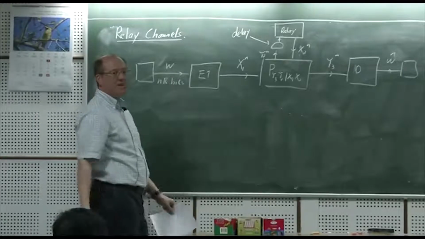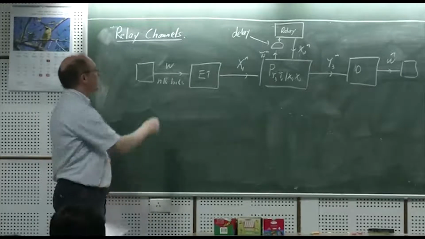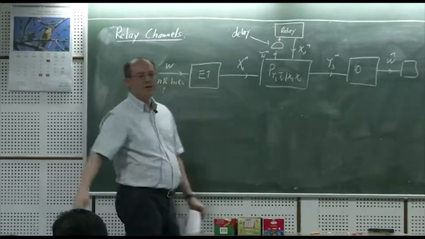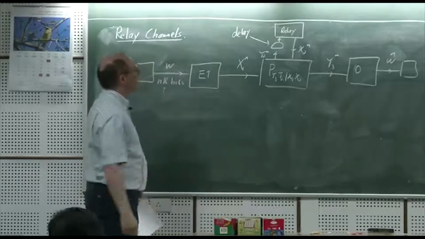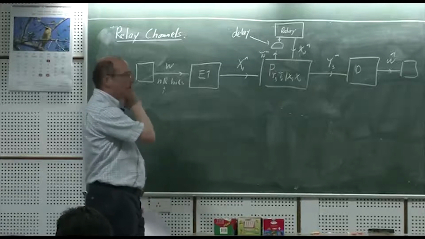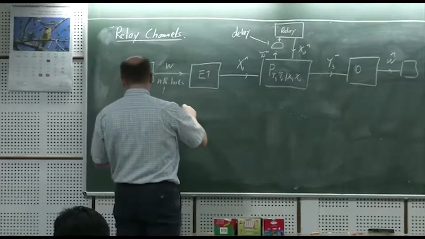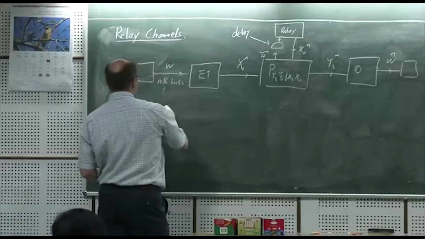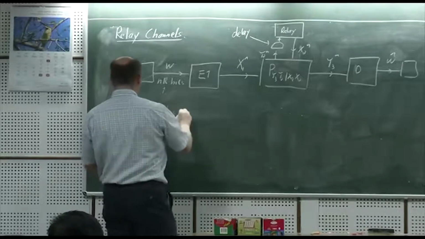The problem is the same as always: try to find the maximum R for which we can communicate the message reliably to the receiver. The only difference now is we have an additional channel input, an additional node trying to help, and the rules of the game are as follows.